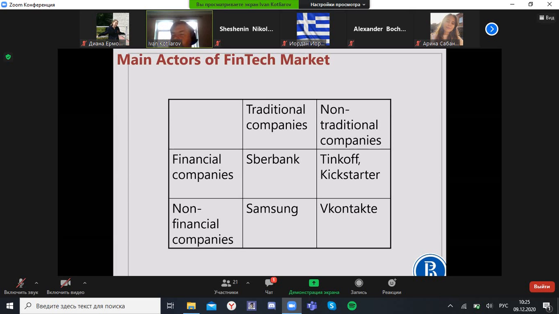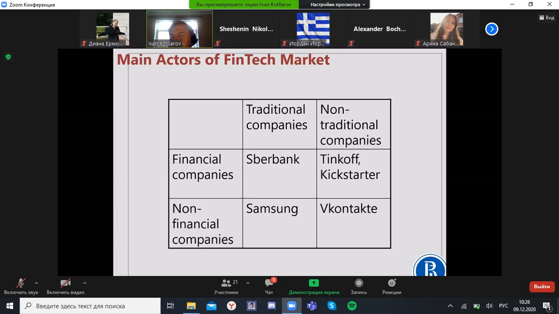So, ladies and gentlemen, what can we say? In addition to the financial companies, both traditional and digital, non-traditional, there are now new players on the fintech market. Even non-financial companies are entering the financial market, like Samsung or VKontakte. All companies are now trying to offer financial services. What does it mean, guys? It is very simple.